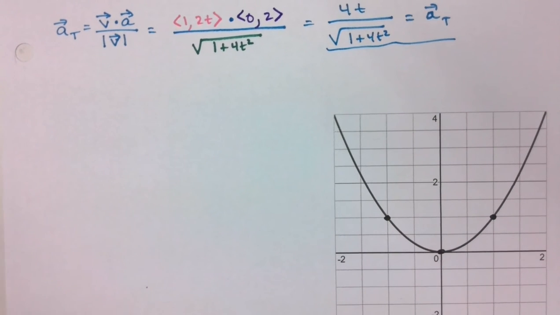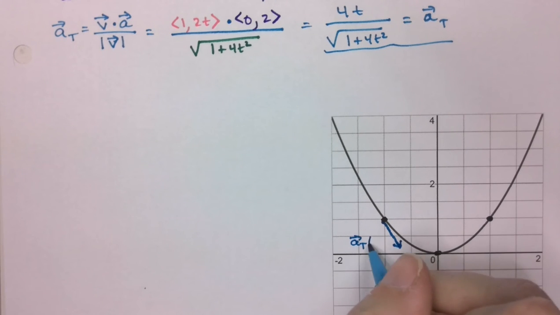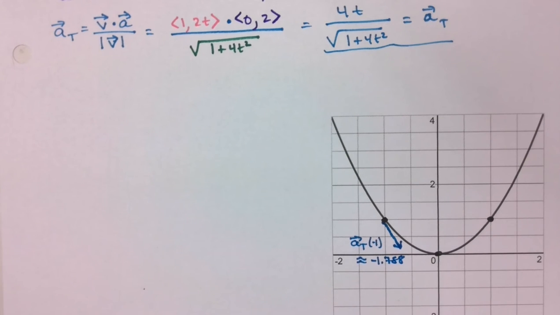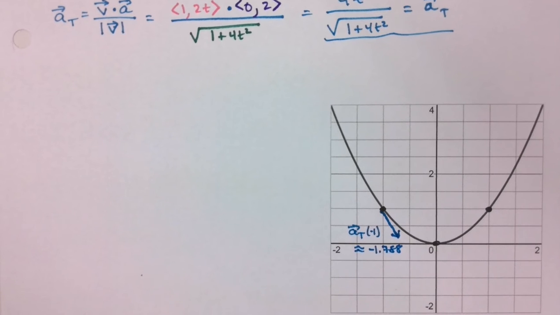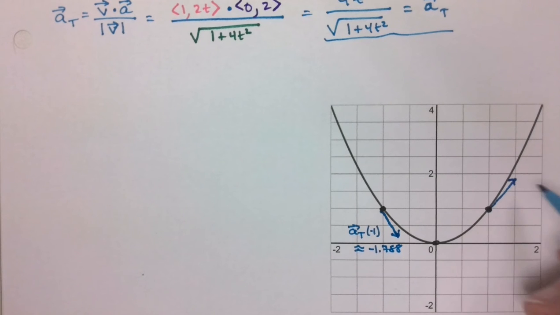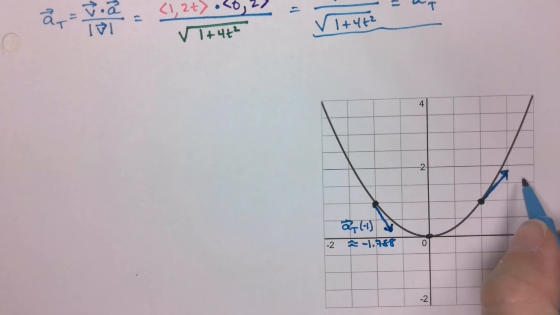So at t equals -1, the acceleration in the tangential direction is right here. Right? That's at -1, which is -1.788. Right? And then over here, this has to be the same length. They should be the same length as each other because they're the same tangential component size. They're both 1.788.